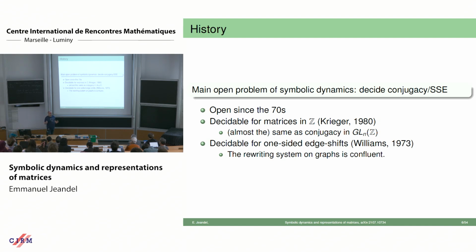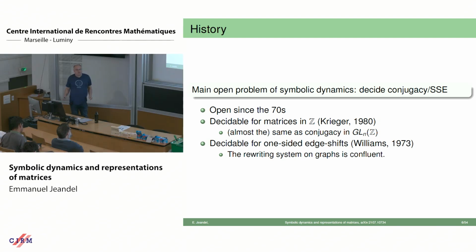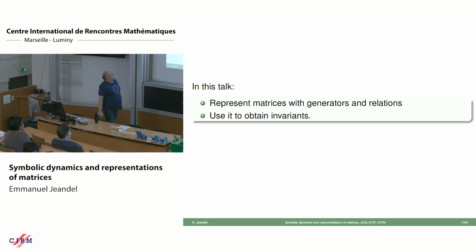And so I will try to use some techniques that are coming from category theory to investigate it, and to see if we can come either to new results or to a better understanding of some existing results. So to do that, what I will do today is present something that might be new for a lot of people in this room: how to represent matrices in terms of pictures using some kind of generators and relations.